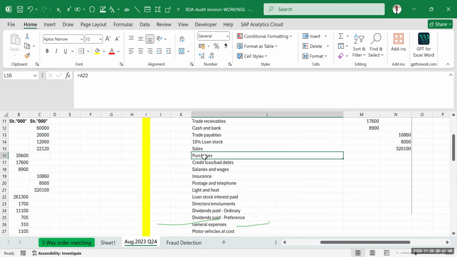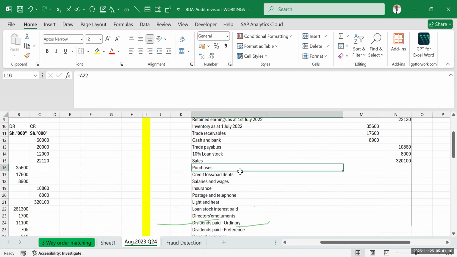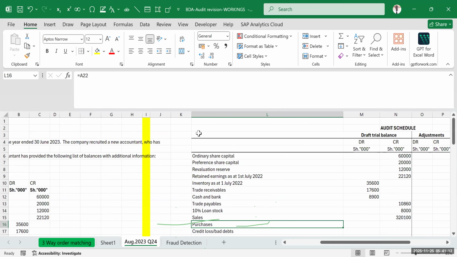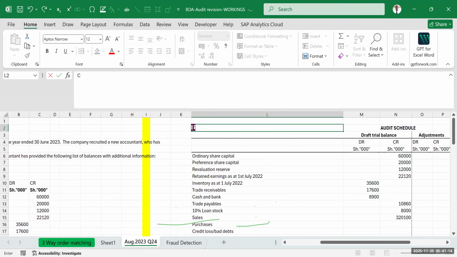Where do we normally record purchases? Purchases is part of the computation of cost of sales, because I believe we know that when computing cost of sales, we normally start with opening stock. Then we add purchases. Then you add any expenses involved in bringing the goods into your premises, carriage inwards.